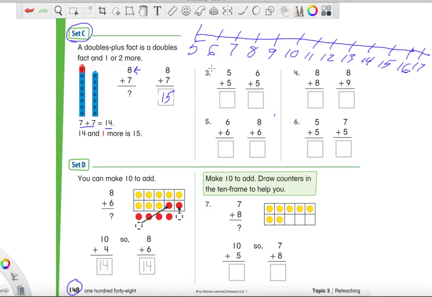Okay, so let's try number 3. Go ahead and do number 3. It has 2 addition sentences. We have first our doubles fact, which is 5 plus 5. And then after that, solve 6 plus 5. All right, I will give you all a few moments to solve those 2 problems.